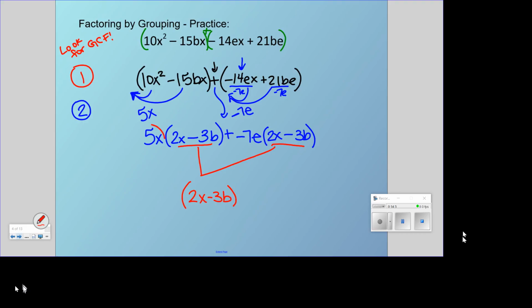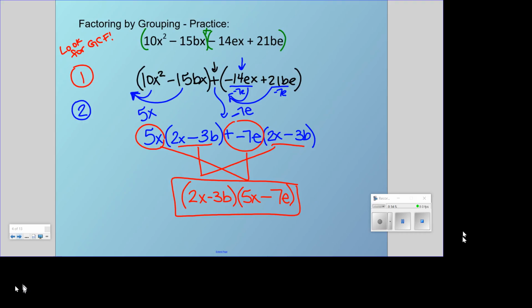And then the remaining GCFs with the signs in front of them come together to make your other binomial. So this is times a 5x and plus a negative is just minus 7e. At this point, we have fully factored, and again, remember, you can multiply back through to check your work if needed.